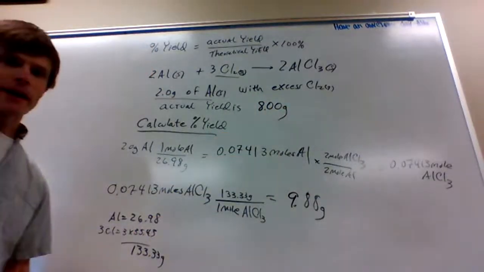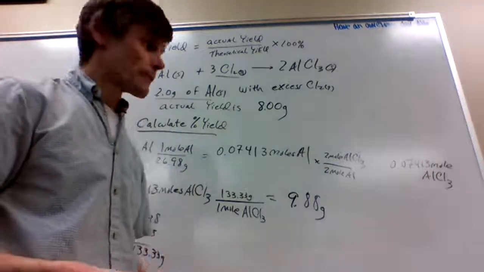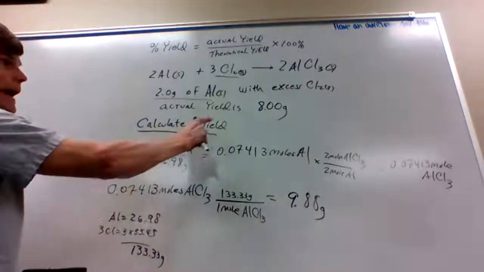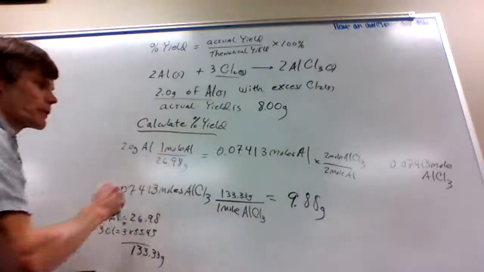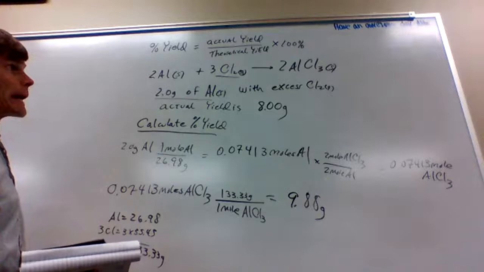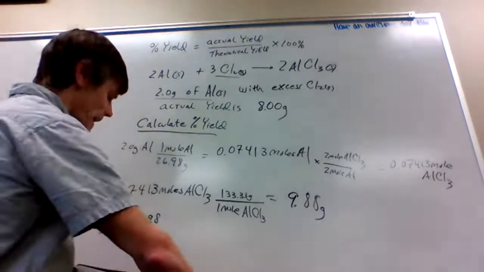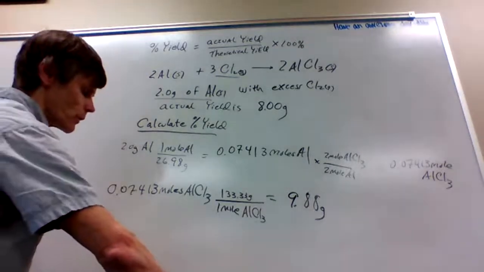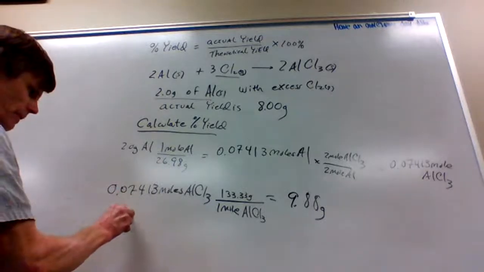Let's start over again on that problem, and let's assume that our actual yield is 8 grams, and we find out that our theoretical yield is 9.88 grams. And let's now determine what our percent yield is.